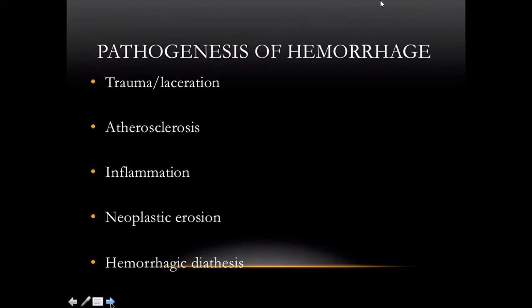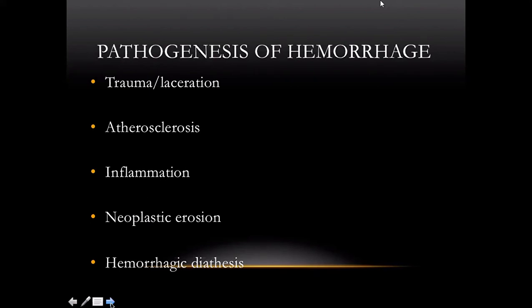Okay. So what's the pathogenesis of hemorrhage? Of course, trauma. With laceration, of course, the blood vessels rupture. Atherosclerosis can cause hemorrhage. Why? Because the atheroma, the deposition of fats, is within the blood vessels, right? In the tunica intima.